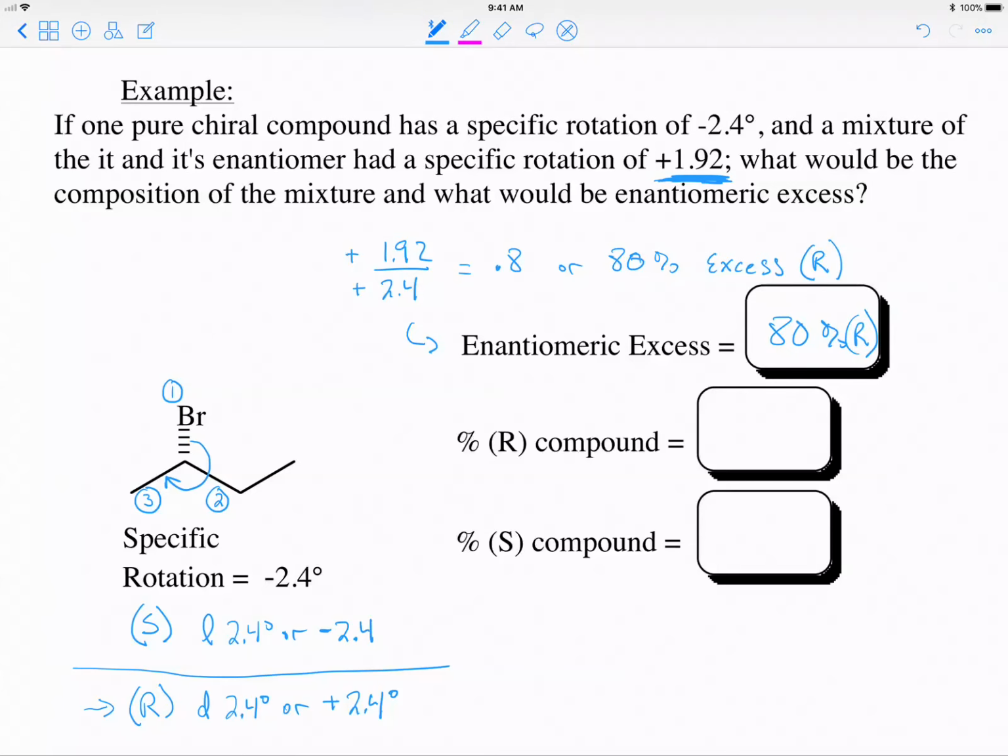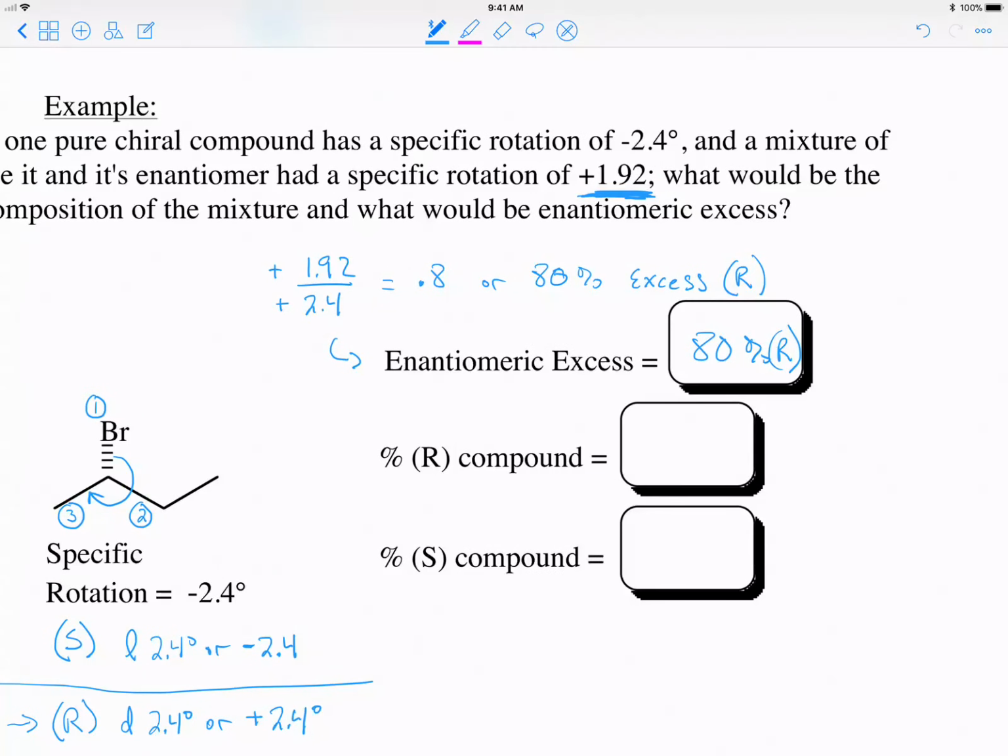Now, what is the other 20%? Well, the other 20% is an even mix of S and R that canceled out. So that must mean that it's 10% S and 10% R that canceled out, leaving me 80% that didn't cancel out.